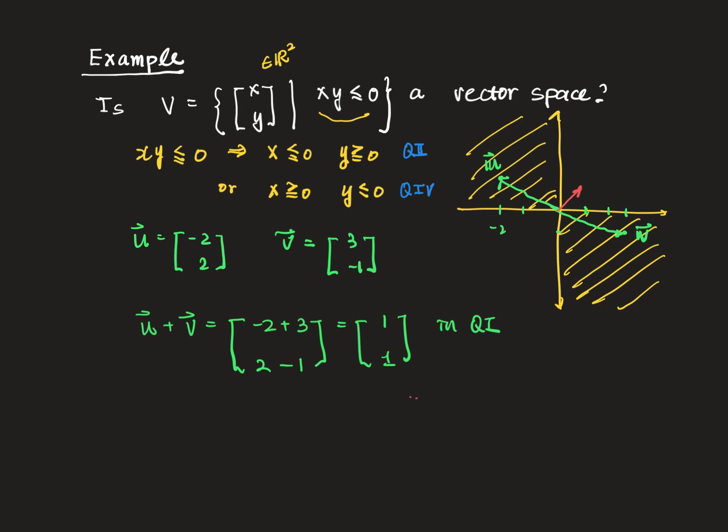Guys, make sense? So here is the addition of two vectors in quadrant 1. This means U vector plus V vector is not in the V set, which means V cannot be a vector space. So we gave a counterexample of why V is not a vector space, okay? All right.